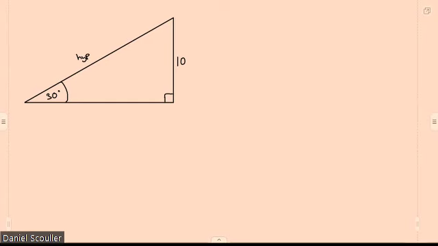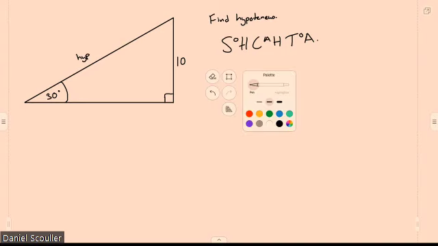How can I find the hypotenuse? So what information have I got? Well, I've got an angle and I've got one of the sides. So if I literally write out, at the top of my page, exactly what I've got, it will allow me to find the hypotenuse.